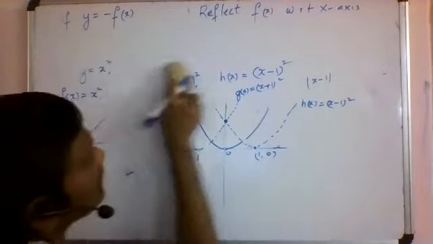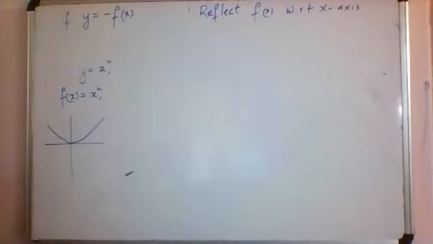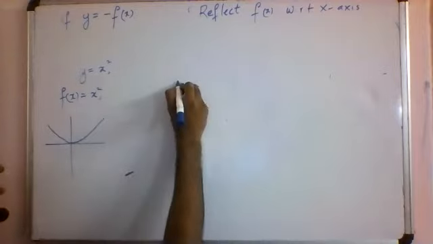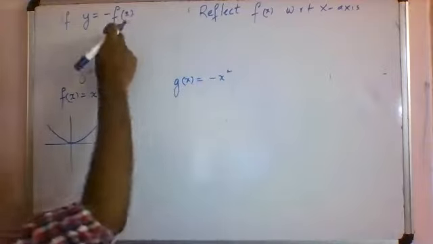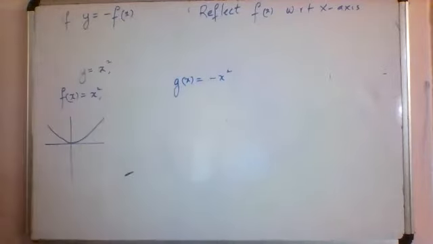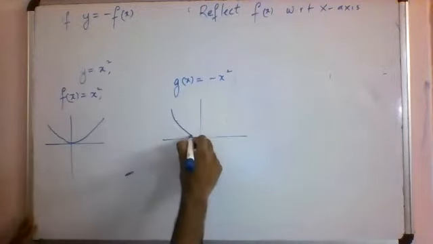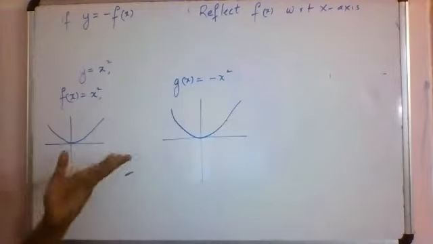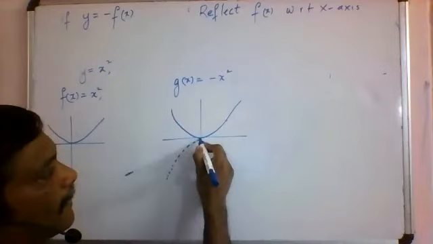So I am going to consider the same example. If y is equal to x square is this one, I want g of x as minus x square, because for this entire function just keep minus. If this is the original graph, take its reflection with respect to x-axis, its reflection will be like this.